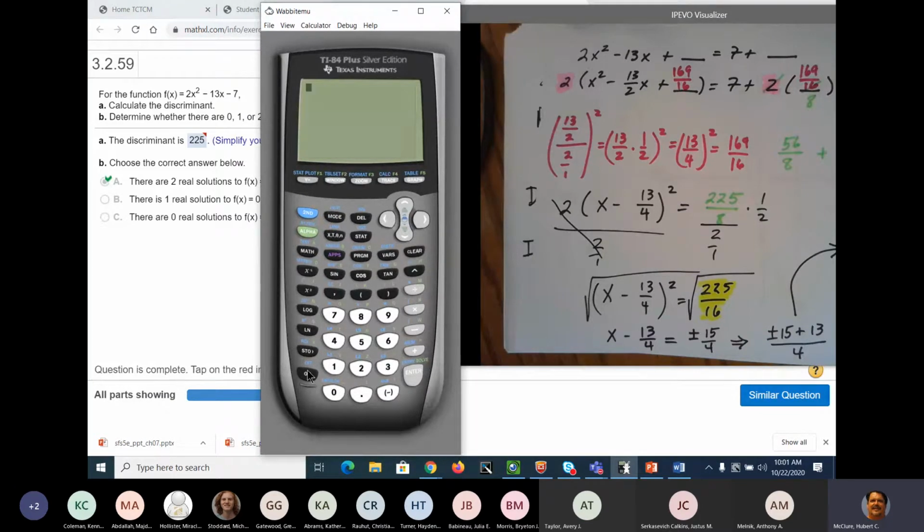Okay, let's go with 2x squared. Y is equal, let me turn the stat plot off.